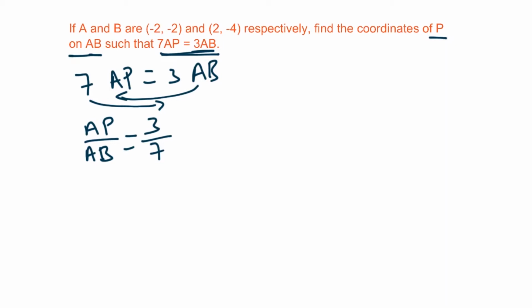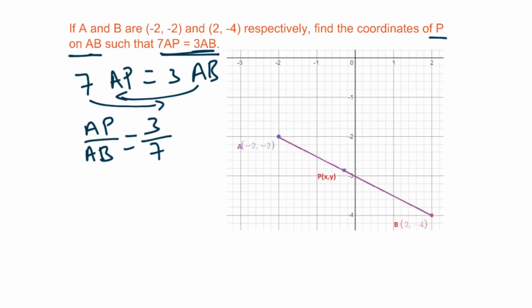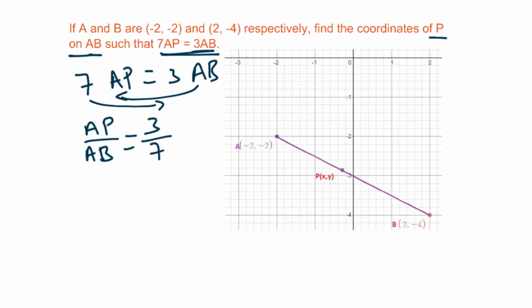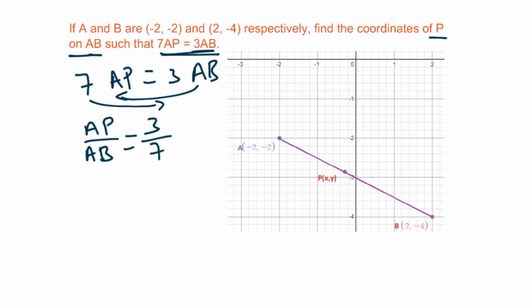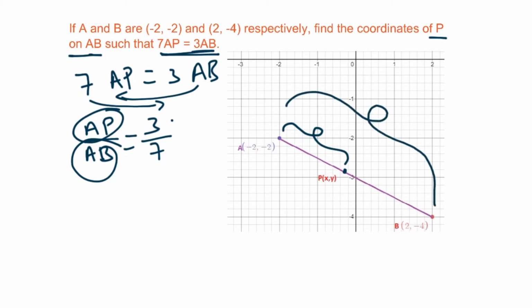Let us understand this using the graph. P is a point on the line AB, and it is given that the ratio of AP to AB is 3:7. AP is this part and AB is the complete line.